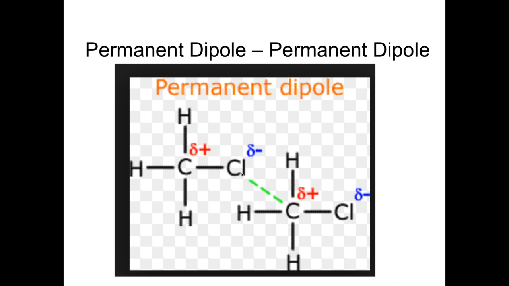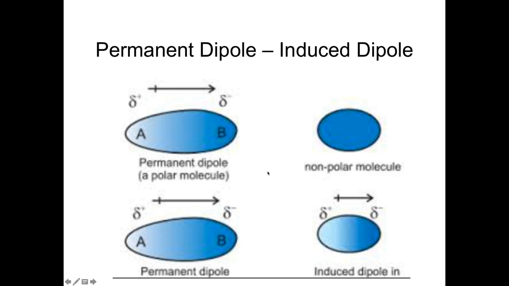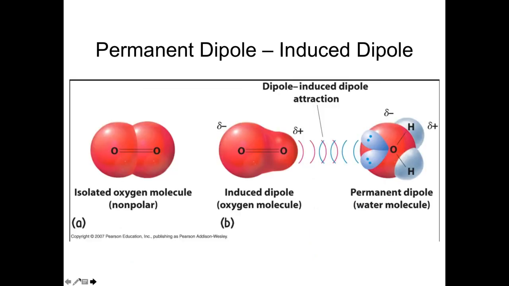Permanent dipole is the strongest of the different dipole forces. The other one that you can have is permanent dipole-induced dipole. Essentially you have a permanent polarity on a molecule, and then you have a nonpolar molecule you're going to run into, and that's going to create a polarity on that molecule, and then you're going to have an intermolecular force. But because this molecule creates that polarity, it's going to be less than a permanent one. So let me show you an example of this. Oxygen, O2, is completely nonpolar.